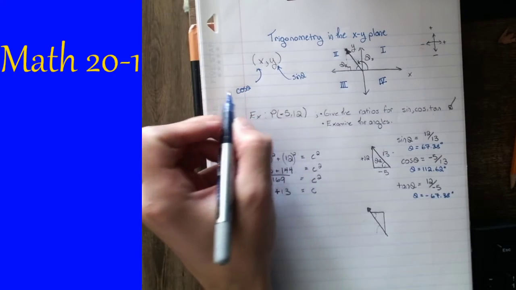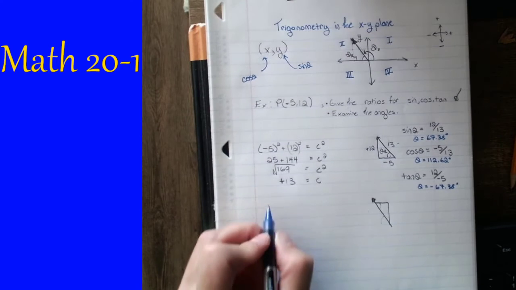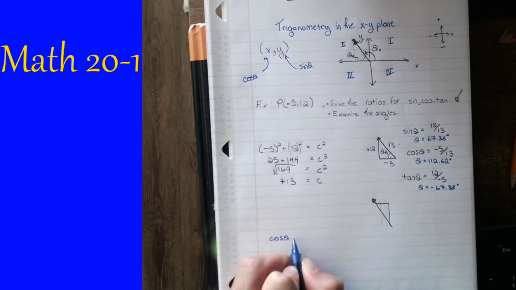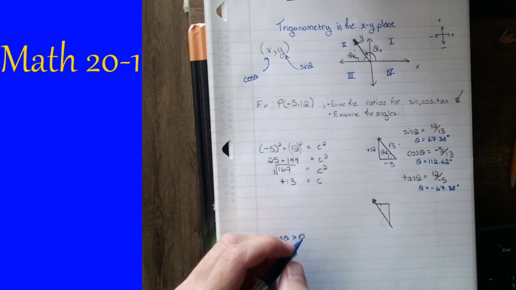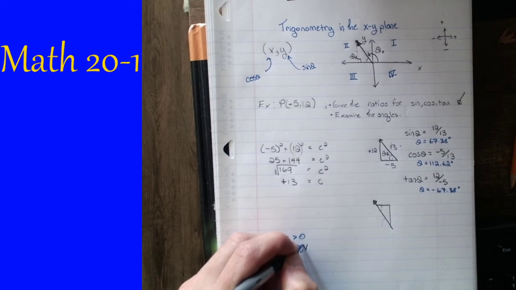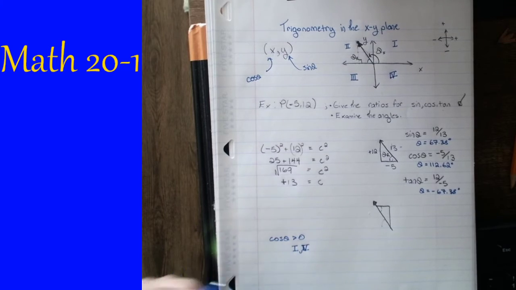And then we can also make the notion, maybe we'll do this down here, cosine of the angle is greater than 0. It's positive in quadrants 1 and 4.